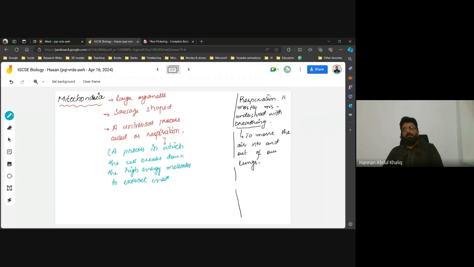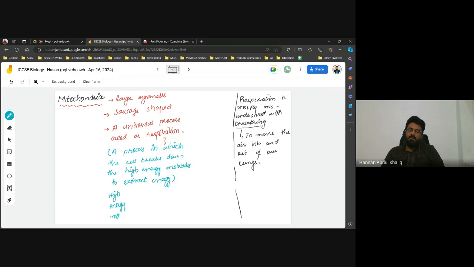Whenever you are talking about respiration, it means that high energy molecules are broken down into their components.